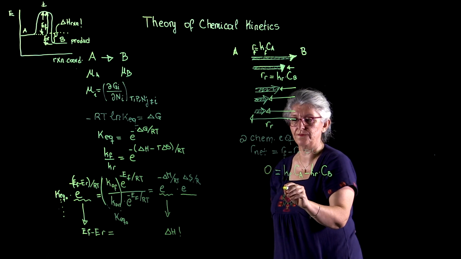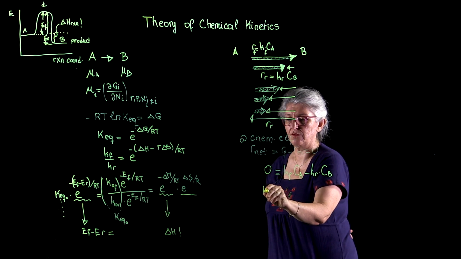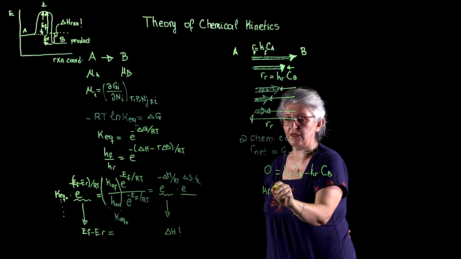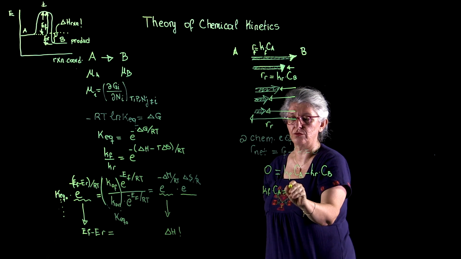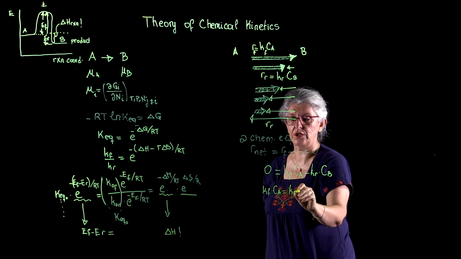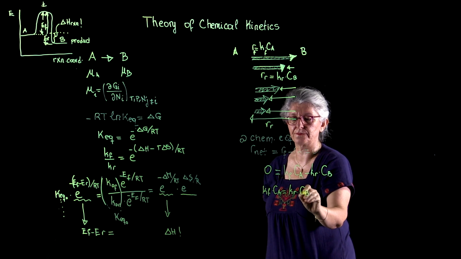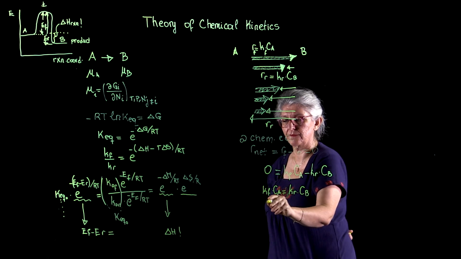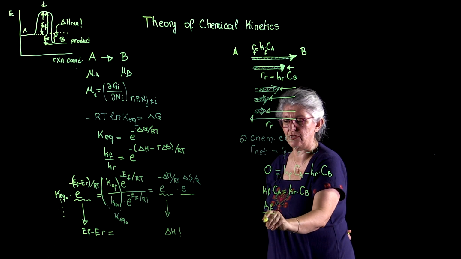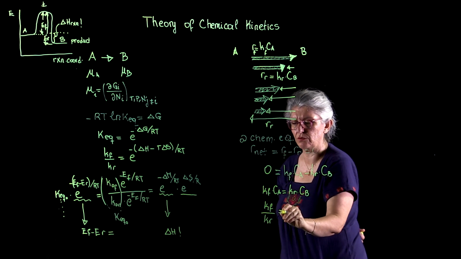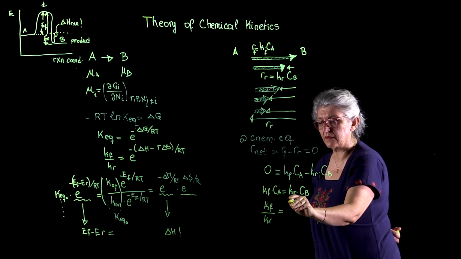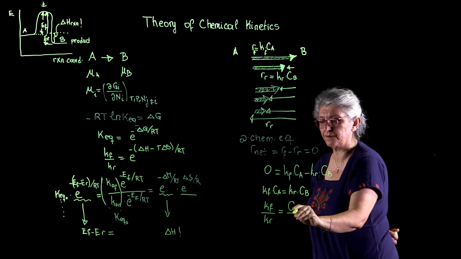So let's rearrange. K forward times CA should be equal to K reverse times CB. Let's bring similar terms together. K forward over K reverse is equal to CB over CA.